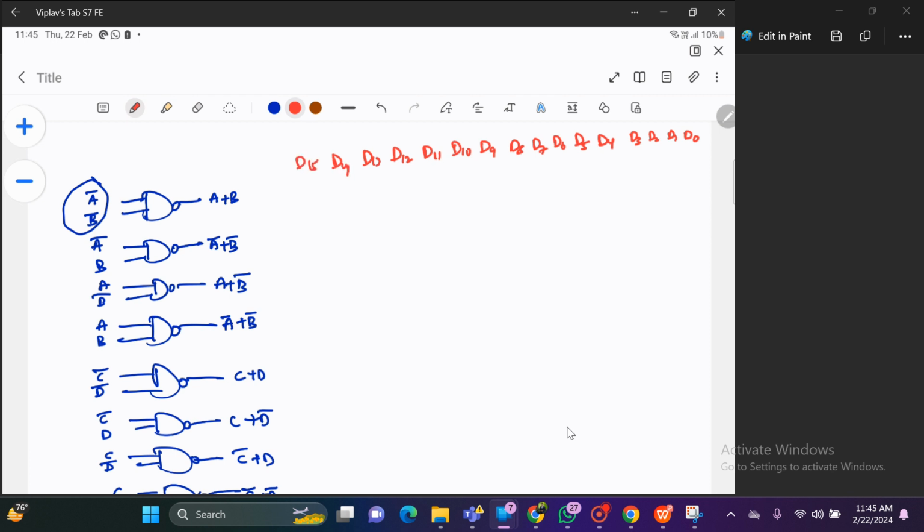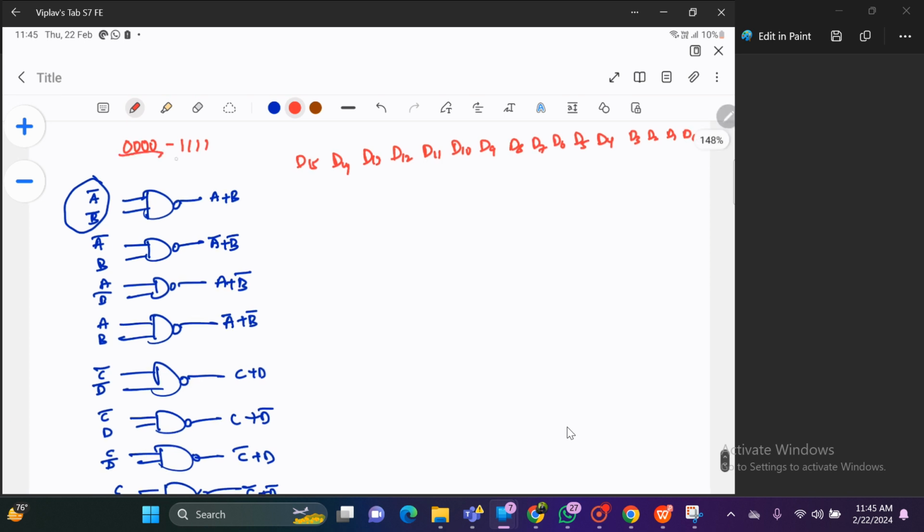So the inputs start from 0, 0, 0, 0 to 1, 1, 1, 1. As there is not that much space to write the inputs, just consider that the inputs will start from 0 0 0 0 to 1 1 1 1. So the total input combinations are 16, and outputs are also 16. Input bits are 4, combinations are 16.